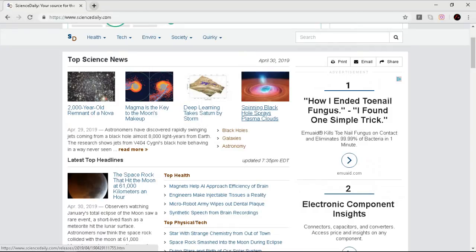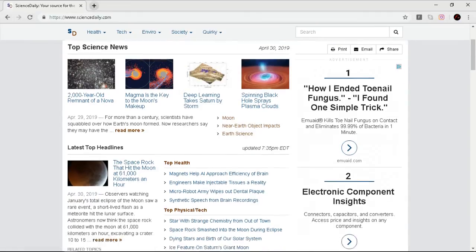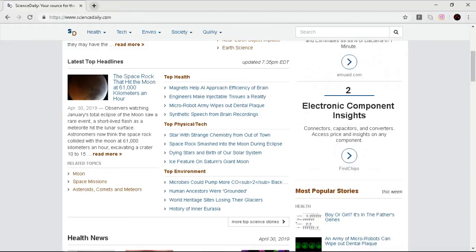V404 Cygni's black hole behaving in a way never seen before. Latest top headlines. Magnets help AI approach efficiency of brain.